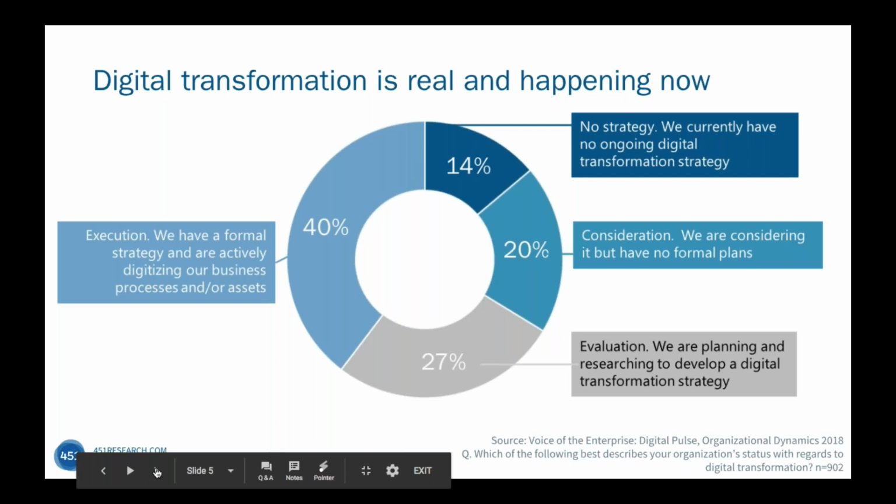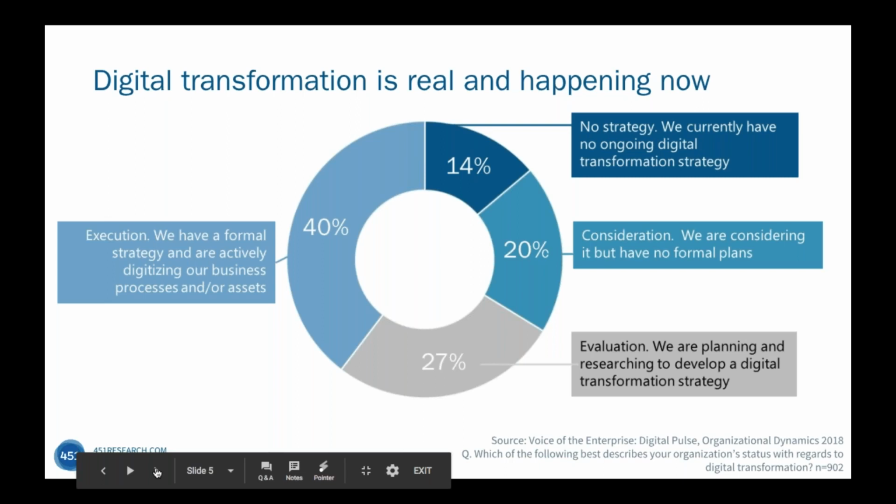So this is some data that comes from that panel of experts I talked about earlier, and this is from a survey we ran earlier this year from our Voice of the Enterprise Digital Pulse, and we were asking people about where they stand in terms of their digital transformation journey. And as you can see, 40% of respondents to this particular survey said they are in what we would call the execution stage.